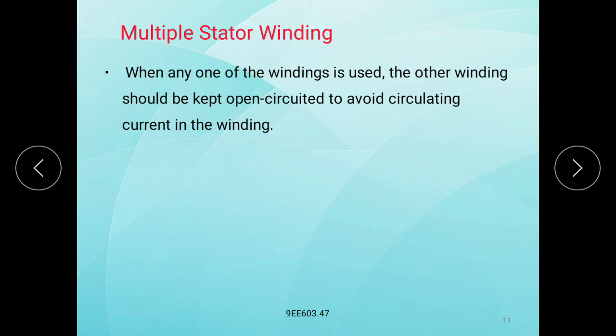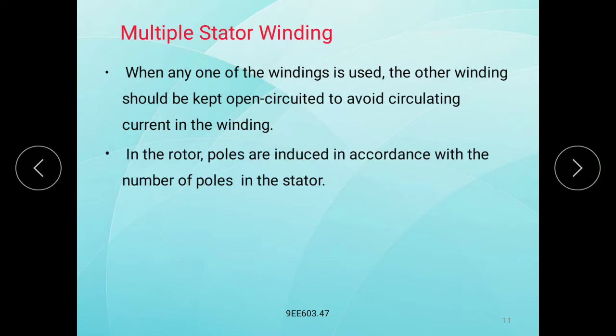So here we have multiple stator windings. When any one of the windings is used, the other winding should be kept open circuited to avoid circulating current in the winding. Note this.